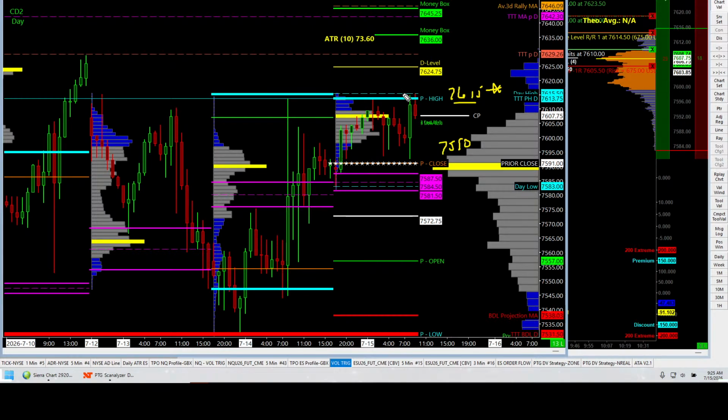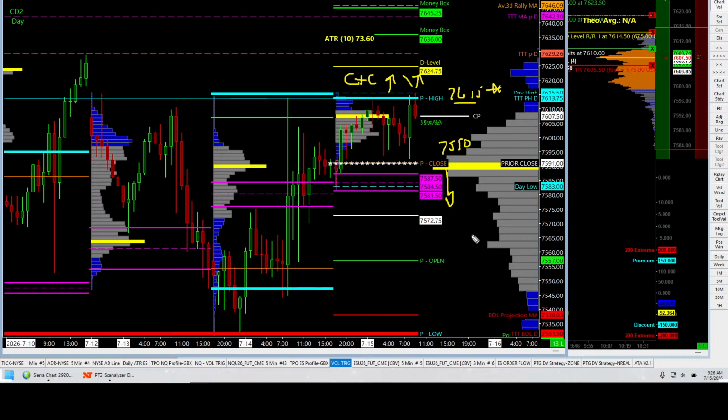All right, so now what would we need to see happen during the RTH? Well, for a continuation, we want to see price get above that and hold above that. That would be what we refer to as clearing and converting a particular level. And then of course to the downside, that scenario would be if prices rotate back down below the prior close or line in the sand, the 90s, we'll look for some sort of a deeper rotation.